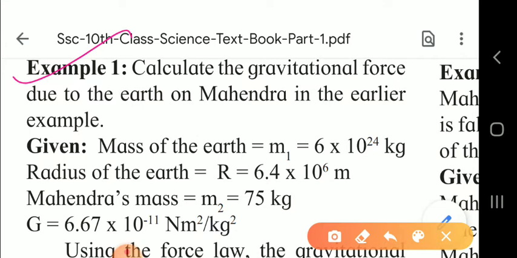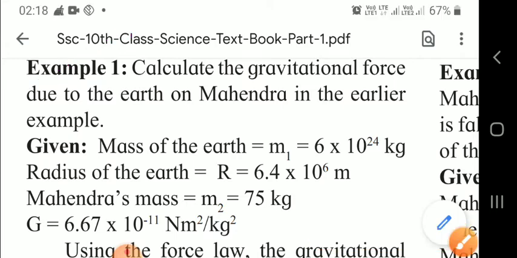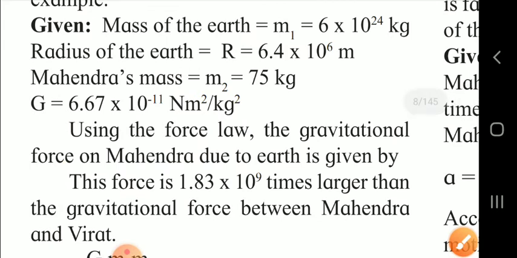So G will be 6.67 into 10 raised to minus 11 Newton meter square per kilogram square. So using the force law, the gravitational force on Mahindra due to the earth is given by this force. We can see that it is 1.83 into 10 raised to 9 times larger than the gravitational force between Mahindra and Virat.